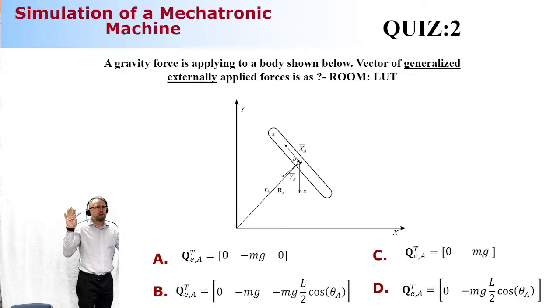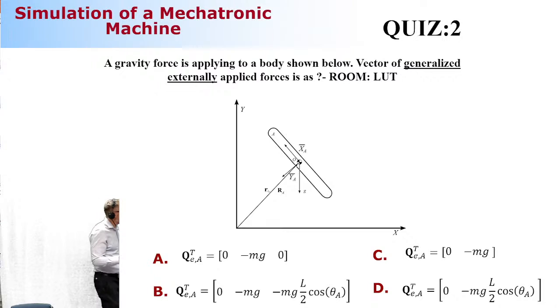First, you need to figure out how many components you need. That's going to be the first thing. Because some of the options you can see here offer an incorrect number of generalized coordinates. So those obviously are incorrect. The next thing you can do is, okay, how much is the third component? How much is the level arm between the body reference coordinate system and the force? That's the way to solve that problem.